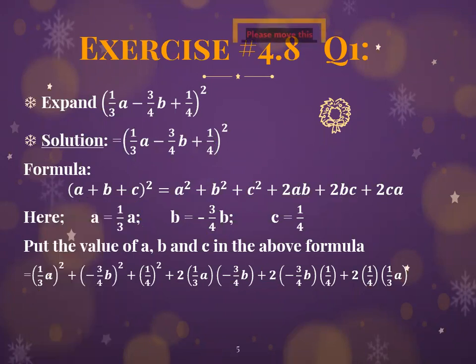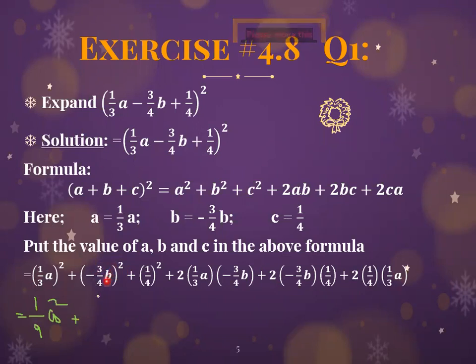Now what you have to do, you have to open this bracket. How will you open it? Simply you will write it down, square of 1. So square of 1 will be 1, and square of 3a will be 9a square. Then you have plus. Now here you have minus, so minus minus will be plus, so no need to write minus here.